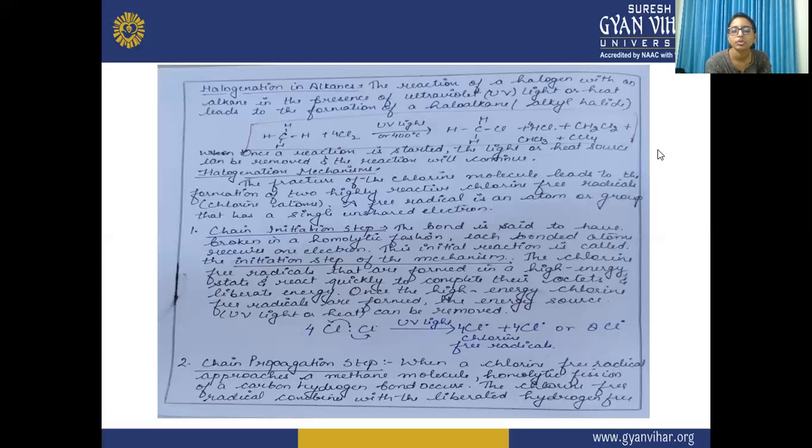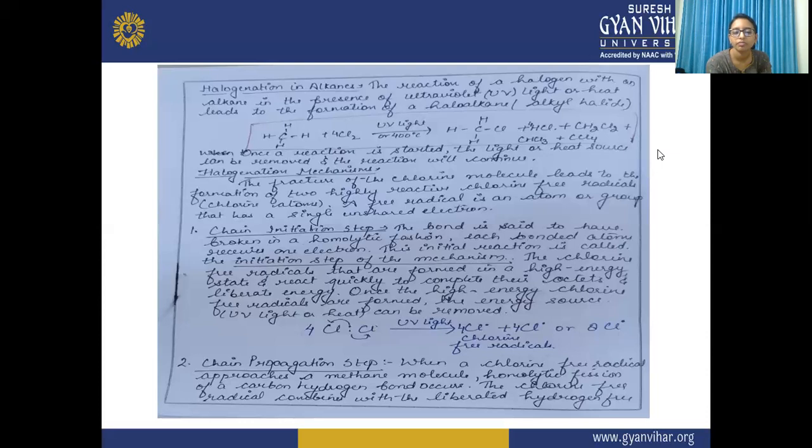Once the high energy chlorine free radicals are formed, the energy source, UV light or heat, can be removed. So once the chlorine has split in a homolytic fashion, the heat or light can be removed from the reaction.